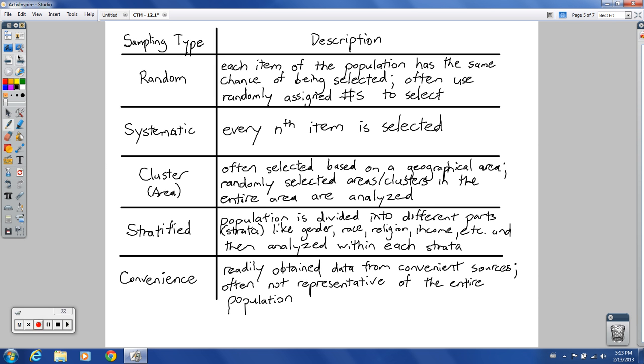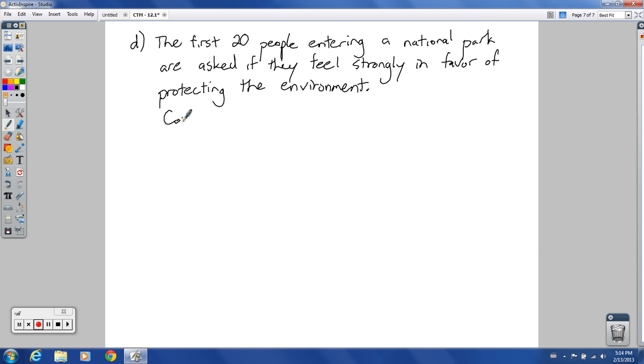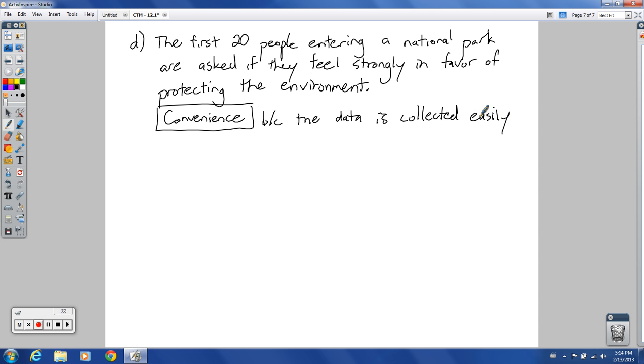They're just getting asked on their way to the park, and that is a convenience sample. So convenience, because data is collected easily, but not randomly.